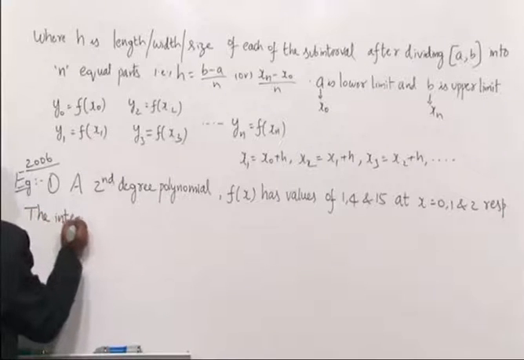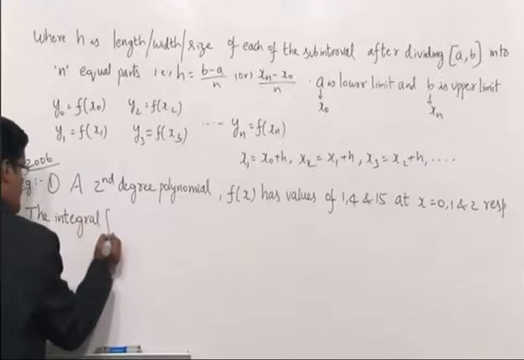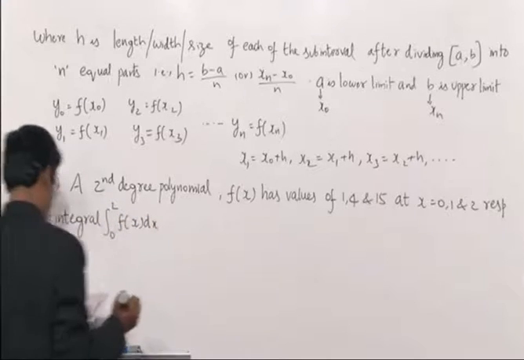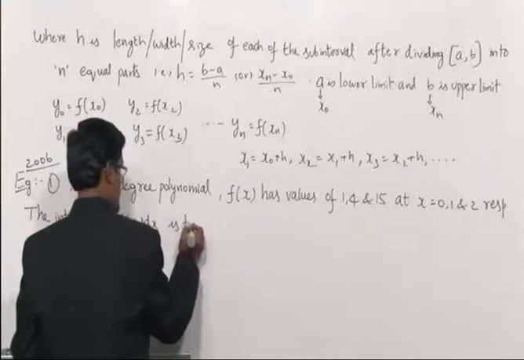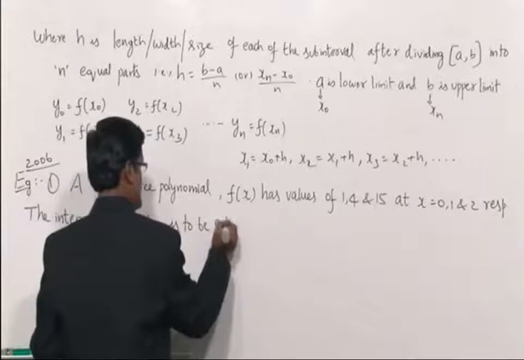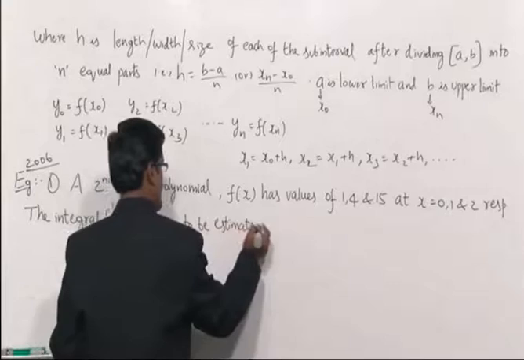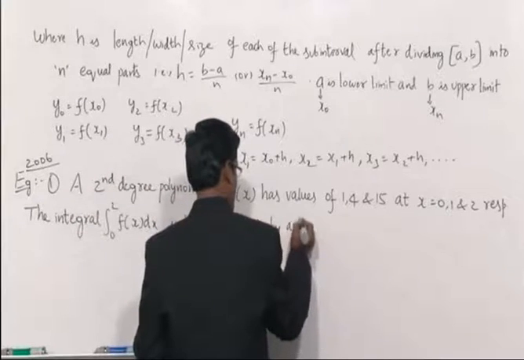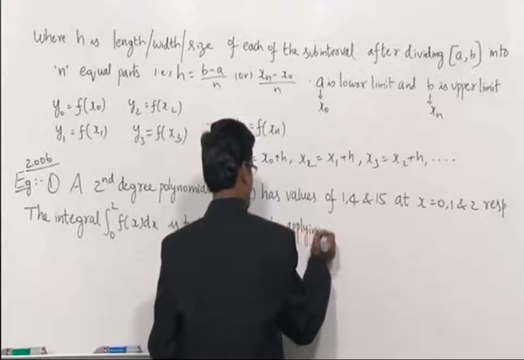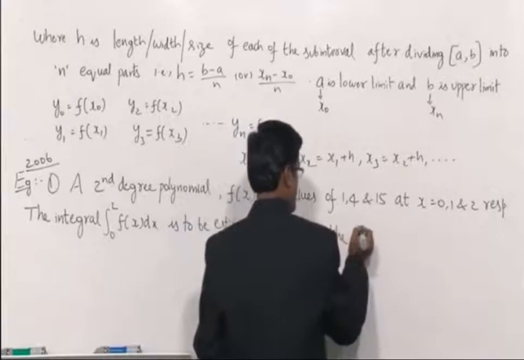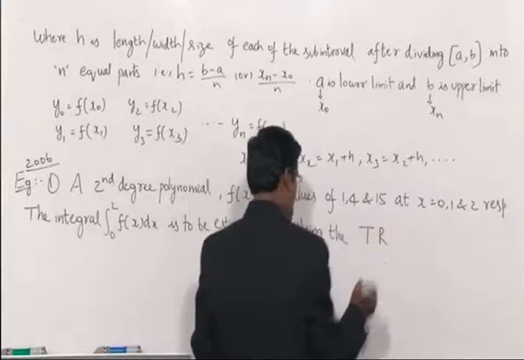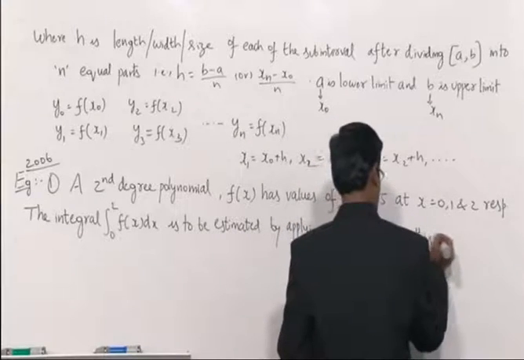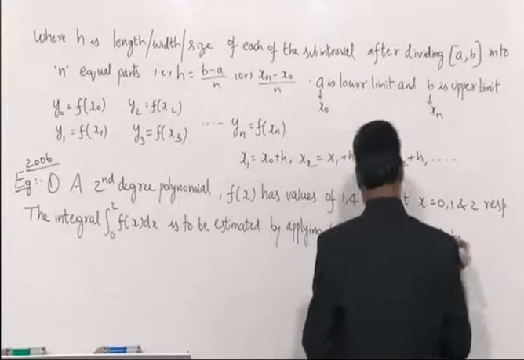The integral from 0 to 2 of f of x dx is to be estimated by applying the trapezoidal rule, TR stands for trapezoidal rule, to this data.